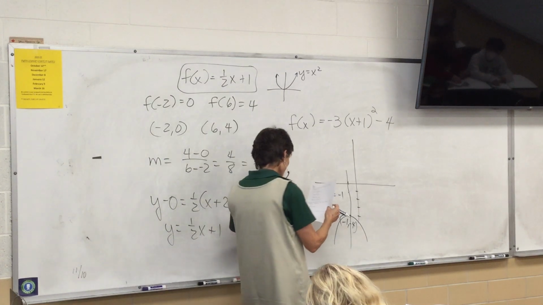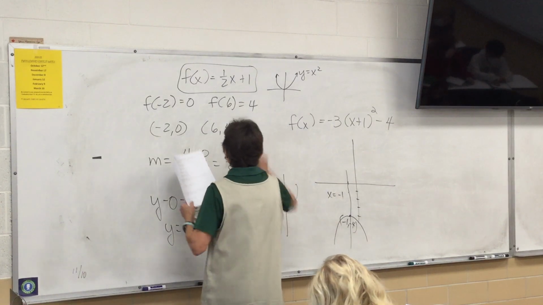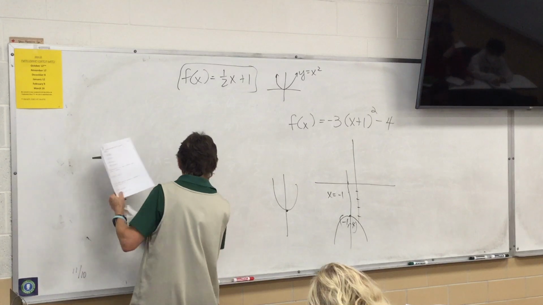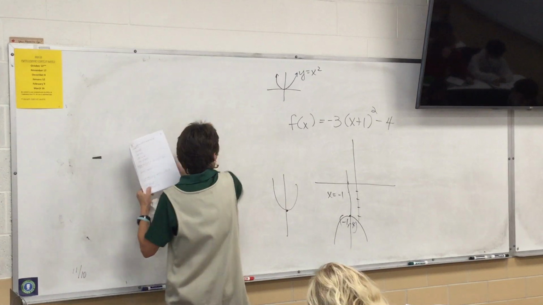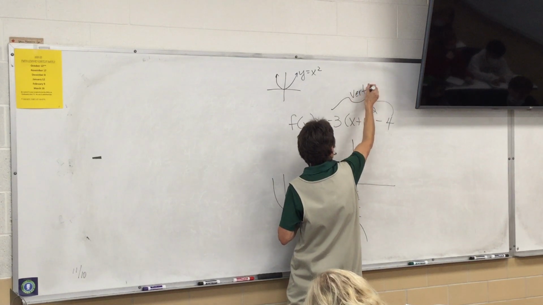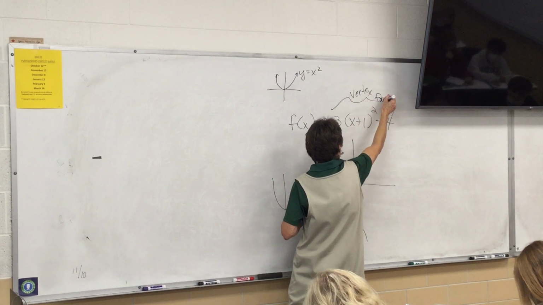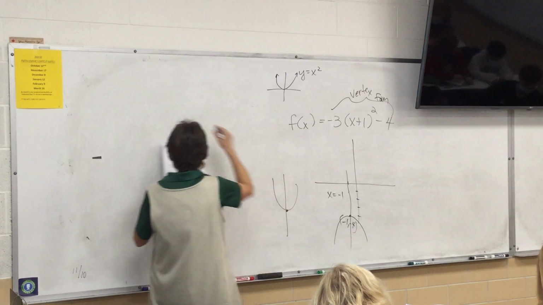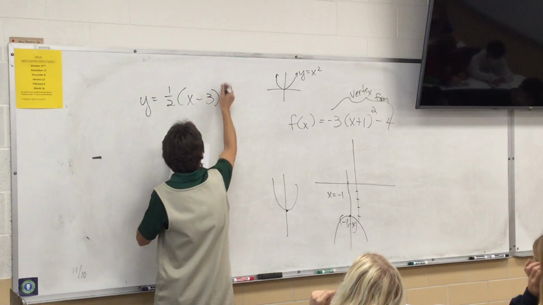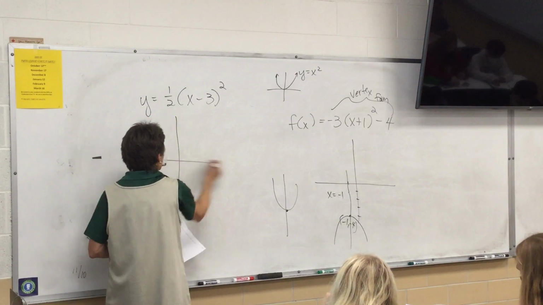So let's look at the equation in B. Your job is to look at that equation, which, by the way, this form right here is called vertex form, because when the parabola is written that way, you can tell me the vertex. Where is the vertex of this?